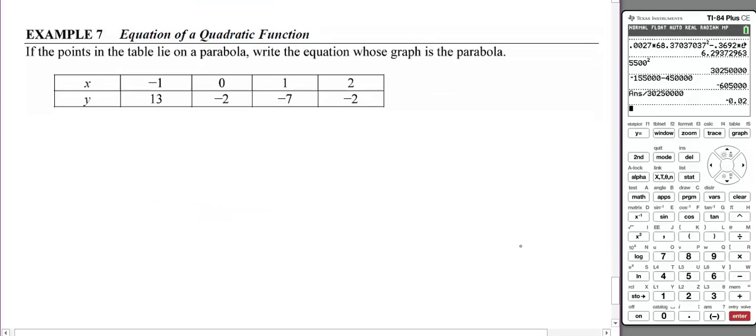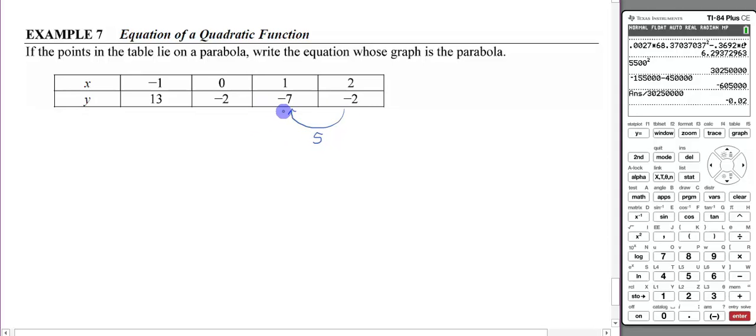In example 7, I'm going to show you something new on your calculator. We have these points that lie on a parabola. Notice we have evenly spaced inputs. Interesting thing is if you take -2 and you subtract the number before it, so -2 minus a -7 is -2 plus 7, which is 5.